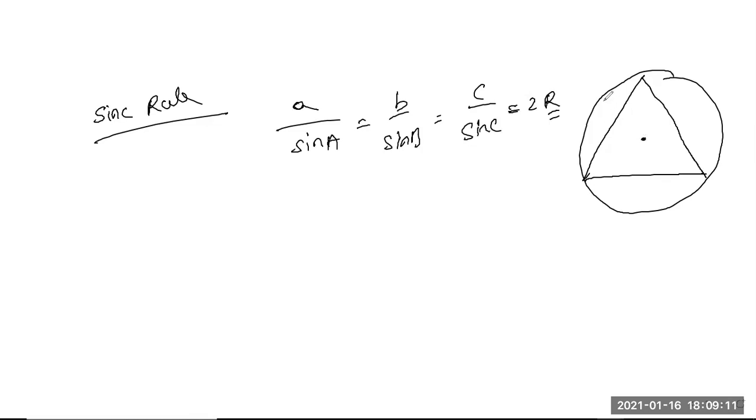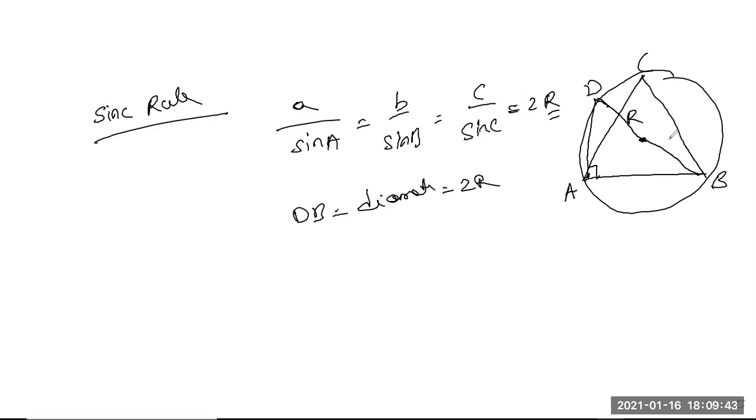Suppose this is triangle ABC. This part we did, sir. But how did you get 2r? That I didn't explain. Suppose this is the diameter, dB, which is 2r.